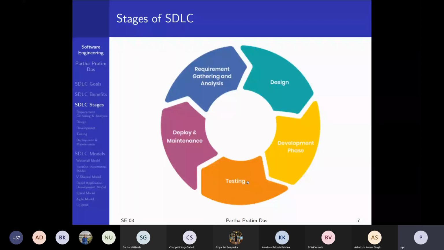Then comes the phase where you test. When you develop, you obviously test, but that's called a developer test. You are developing and you are testing, so if you have made a mistake in understanding, your testing will also have that same mistake. So testing is a phase where almost always you engage certain automation and certain independent project team members who do not know how you have developed. They know the specification and what is needed, and they have what you have developed.